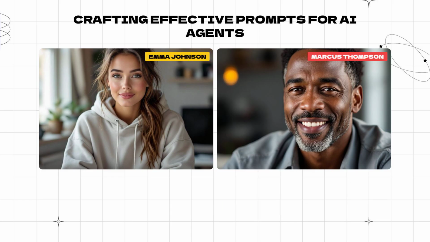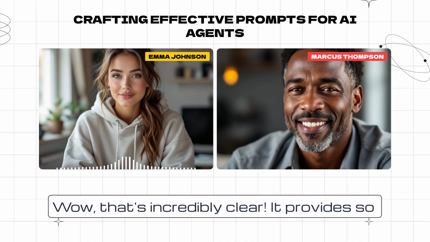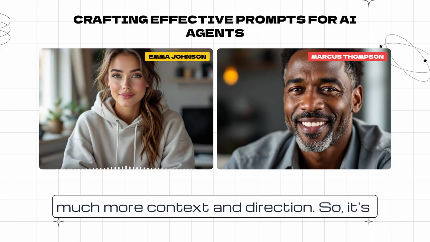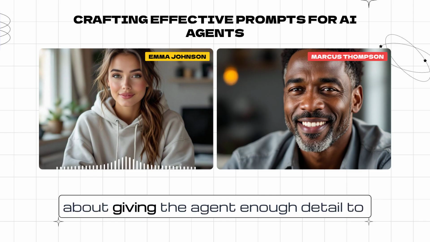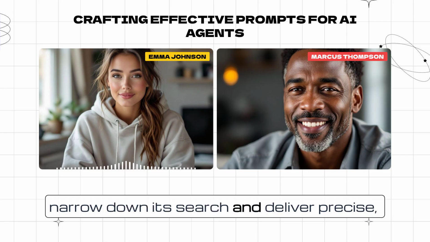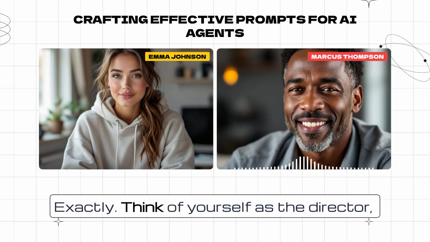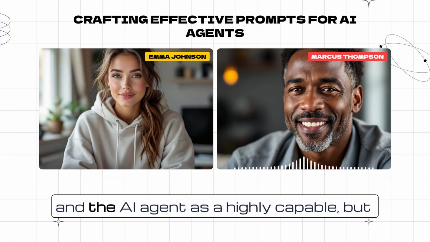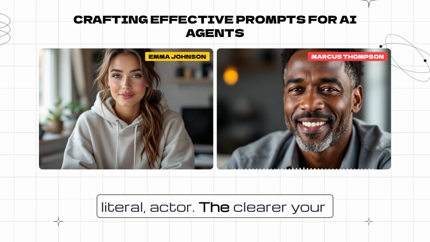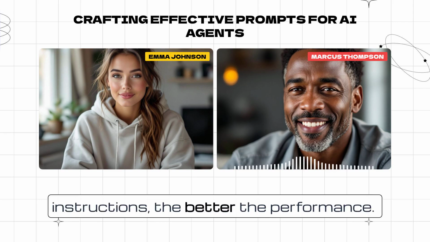Notice the difference? Wow, that's incredibly clear. It provides so much more context and direction. So it's about giving the agent enough detail to narrow down its search and deliver precise, relevant results. Exactly. Think of yourself as the director and the AI agent as a highly capable but literal actor. The clearer your instructions, the better the performance.